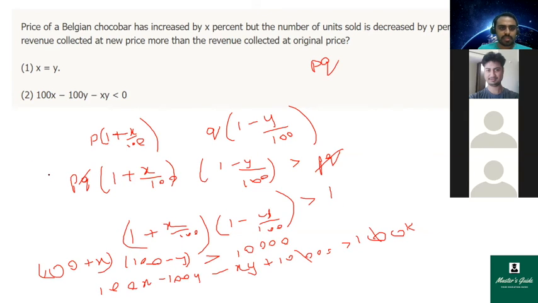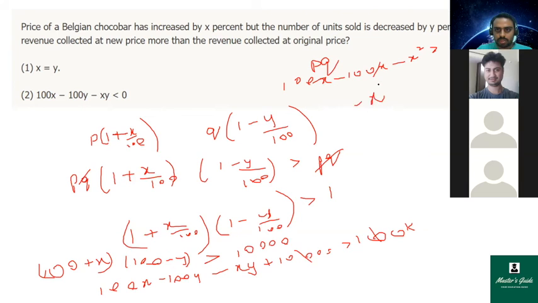My first statement tells me that x is equal to y. If x is equal to y, if I simplify it, 100x minus 100x minus x square, we want to determine if it is greater than 0. This gets cancelled out.